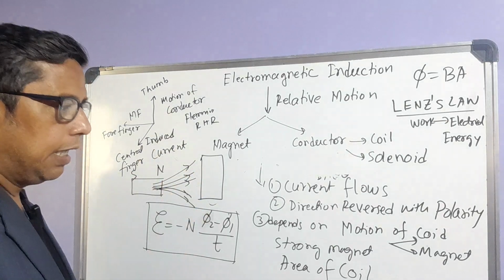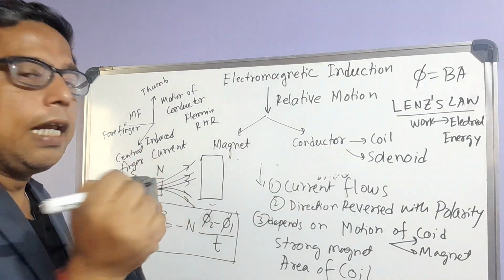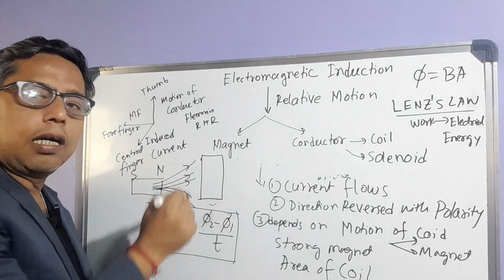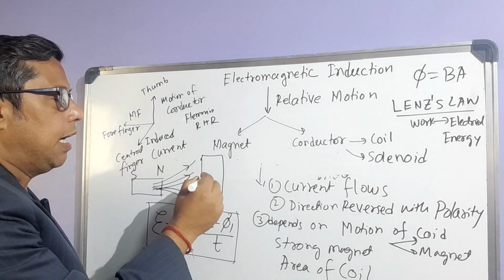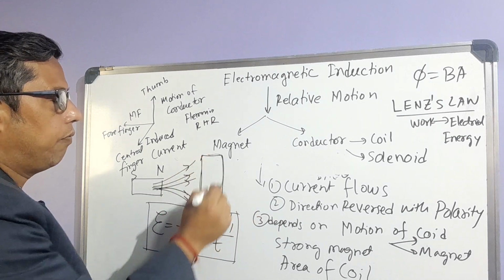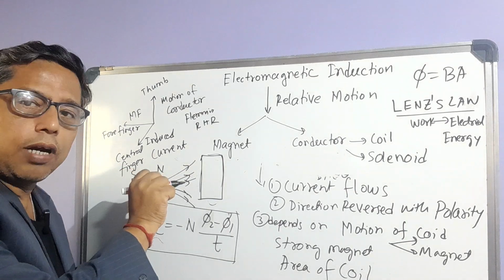How can we change it? There are different options. We can make a relative motion between the magnetic flux and the conducting wire. Relative motion means I can take them closer, or I can keep the conducting wire fixed and make a rapid motion of the magnet toward the conducting wire.